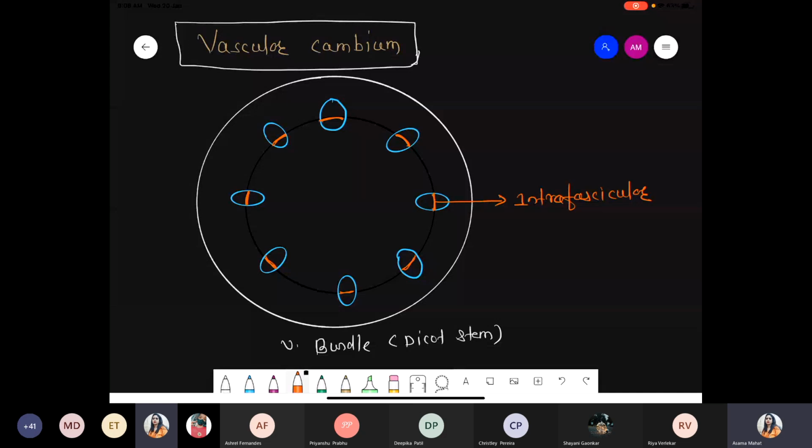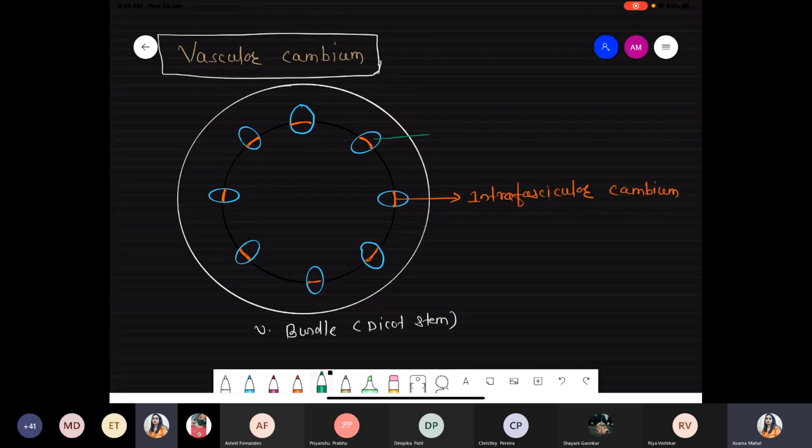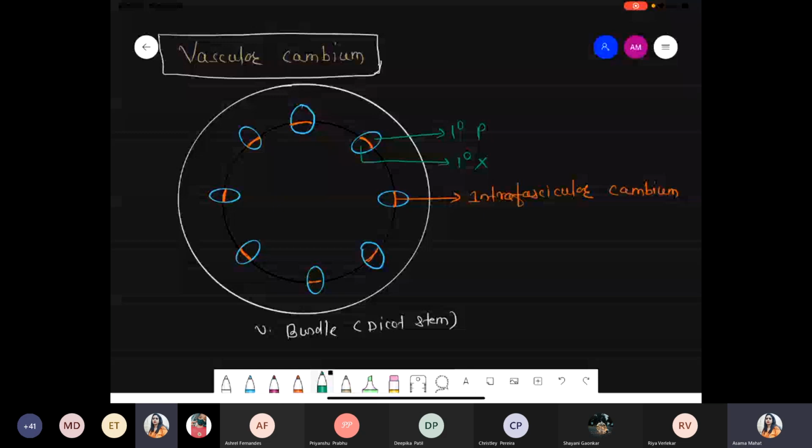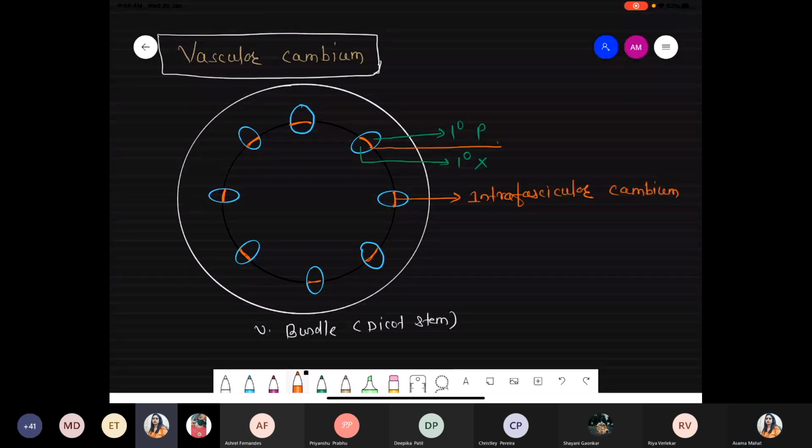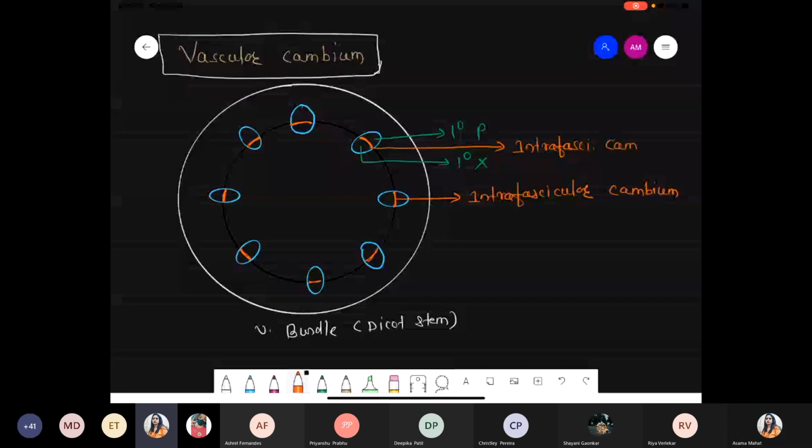This region is called the primary phloem, P for phloem. This lower region is called the primary xylem, and between primary phloem and the primary xylem there is a presence of intrafascicular cambium.